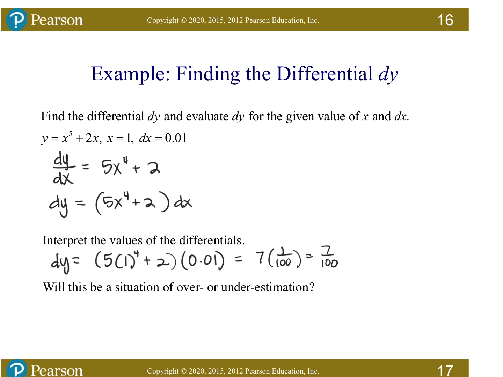Over or underestimate is the same idea as what's the second derivative. So d2y, finding the second derivative of this, is 20x cubed. 20x cubed is positive when x is 1, which means it has positive concavity. Positive concavity always results in an underestimate of your value.